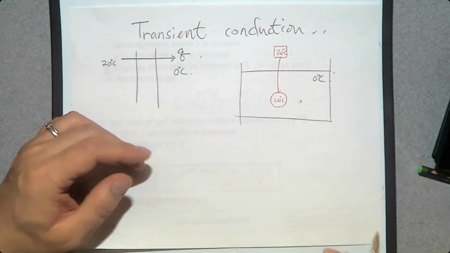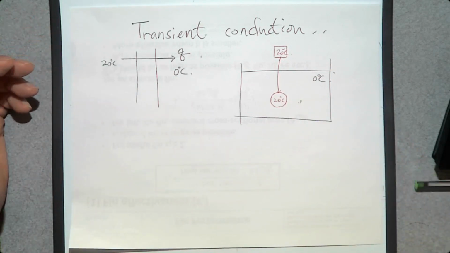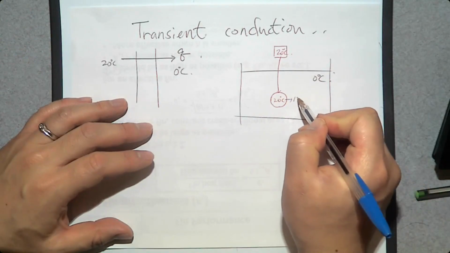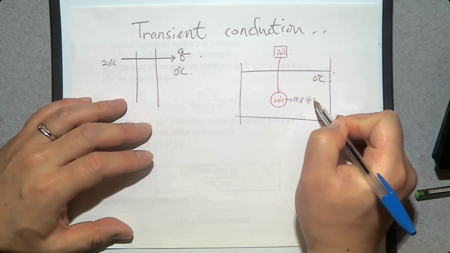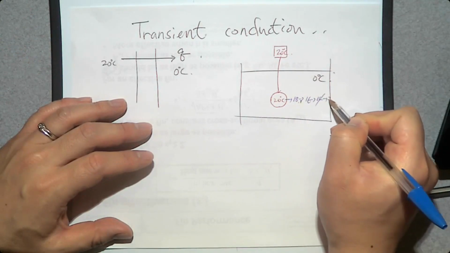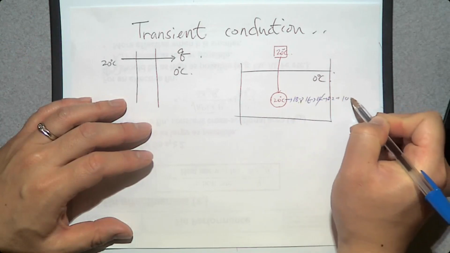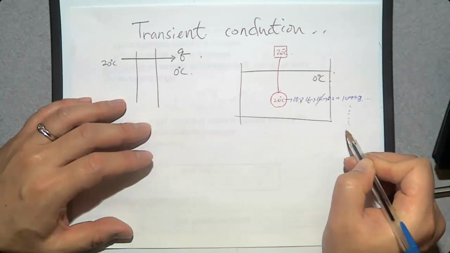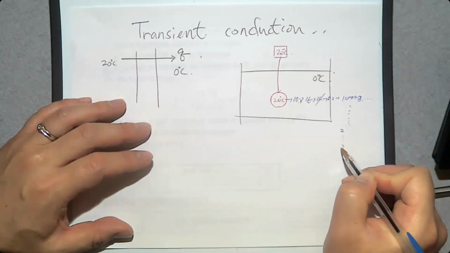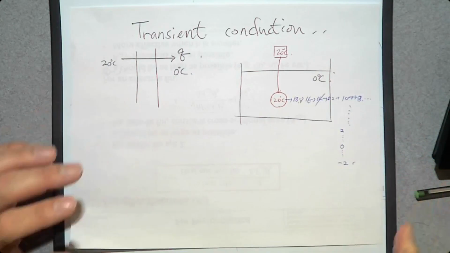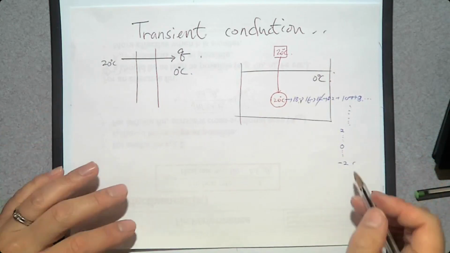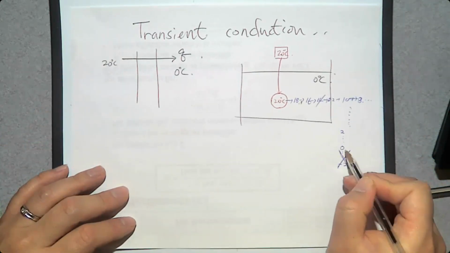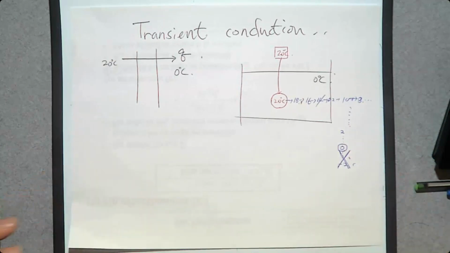After 1 minute, still 20? No. 20 becomes 18, 16, 14, 12, 10, 8, and so on, down to 2, 0, and minus 2. Is that possible? No. The lowest possible temperature is going to be 0, right?